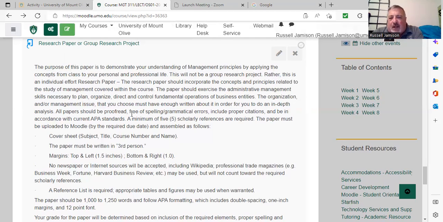Or you're going to tell me you really want to write on diversity, or you want to write on change management. Okay, and don't worry, I can give you some examples of what to use, or better yet, probably the best example I can give you is just look at any given chapter in your text, and that could be in and of itself a principle that you want to cover.